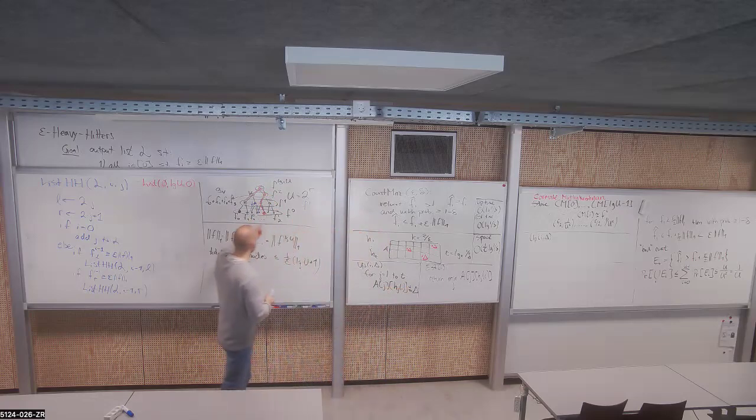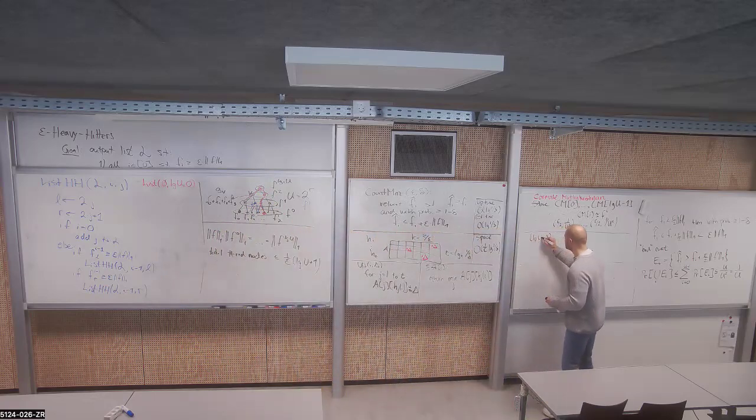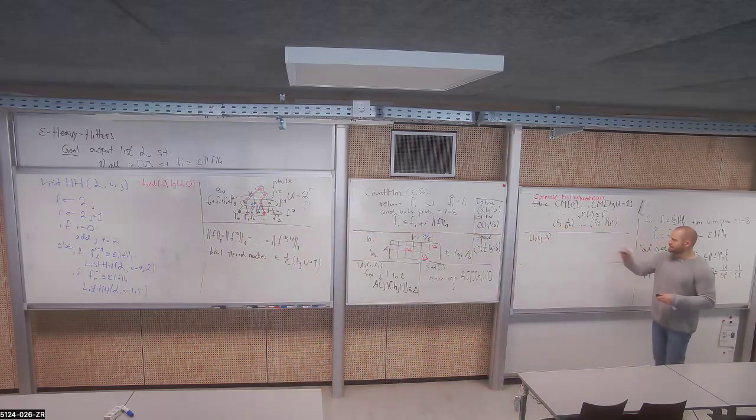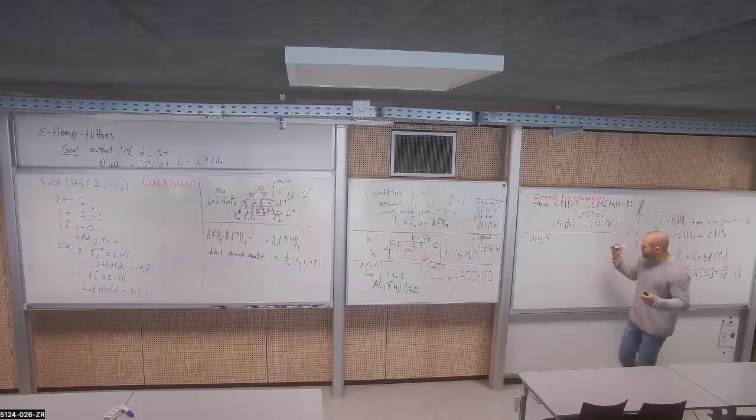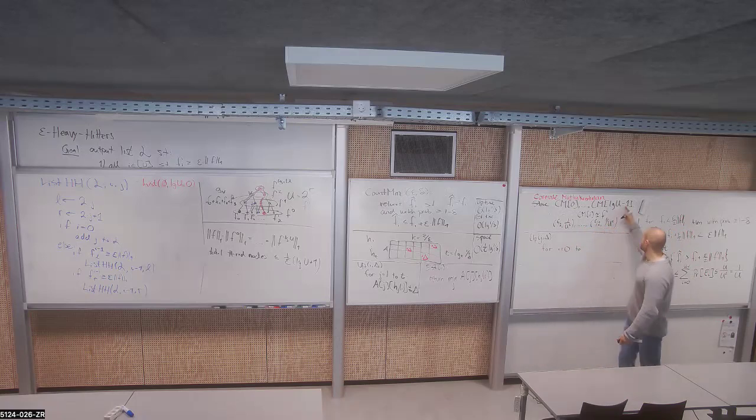The question is, what are the indices of these elements on the root to leaf path? Maybe let me call this j. So i is the level of the tree, j is the element being updated. I want to loop over all the levels of the tree, for i equals 0 to log u minus 1, just ignoring the very top.